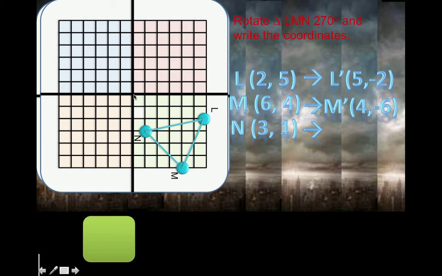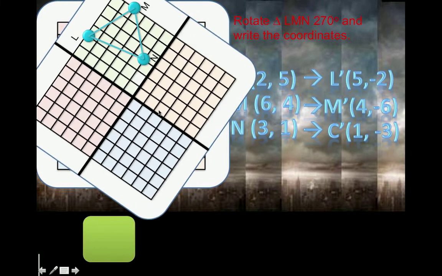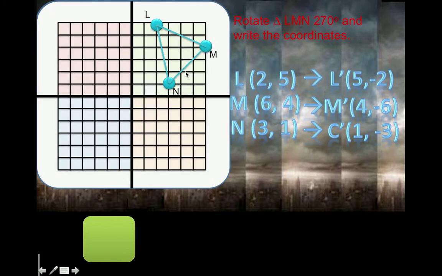And N is going to go to a 1, negative 3. Okay. We're going to take and spin this back around. So it's face up again. If you spun the other way, it's fine. It's not a big deal. You're just looking at the paper straight on again, so it's the right way. And you're going to go ahead and graph those points.